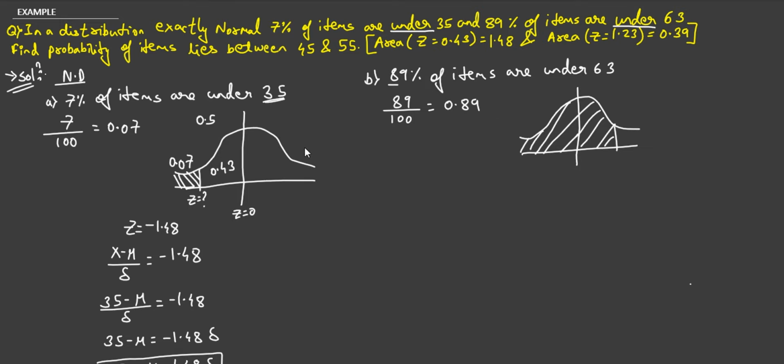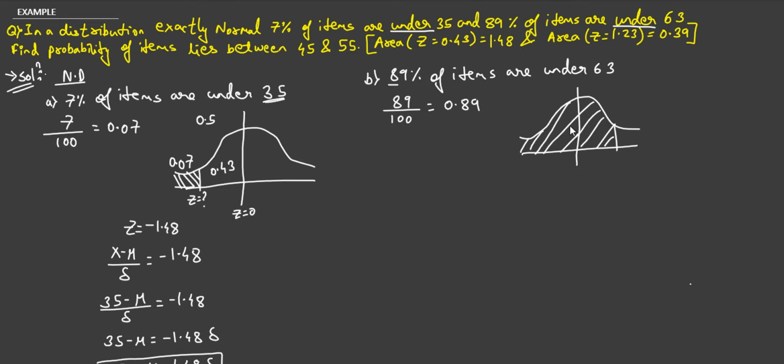But from which left side? That depends upon the value. Here it is 7%, so logically that area would be this much, 0.07. But here 0.89 is almost 1, so we have to take this, and the remaining is almost 10%. So this is the left hand side. Make sure, guys, this is the important thing.